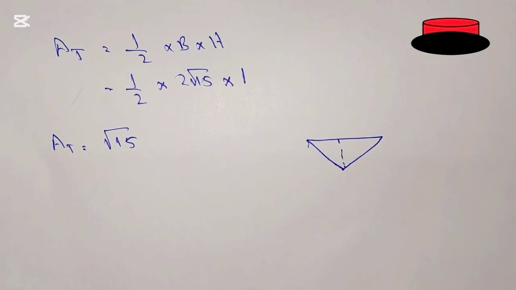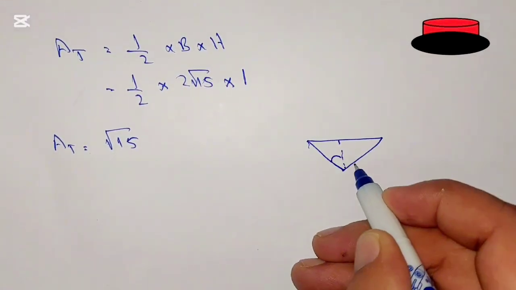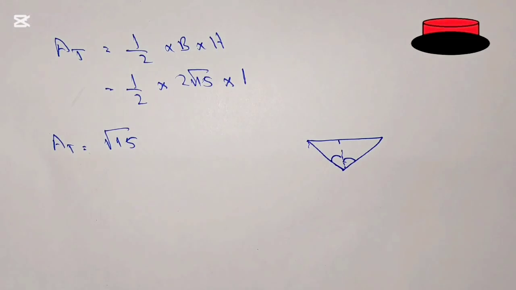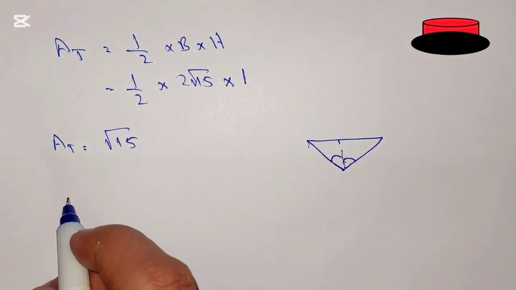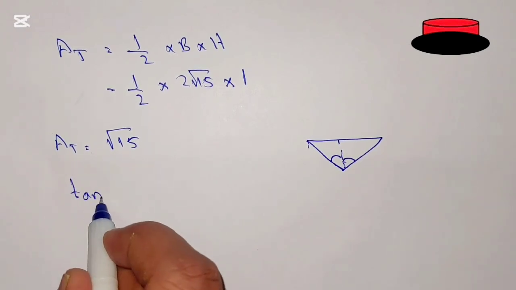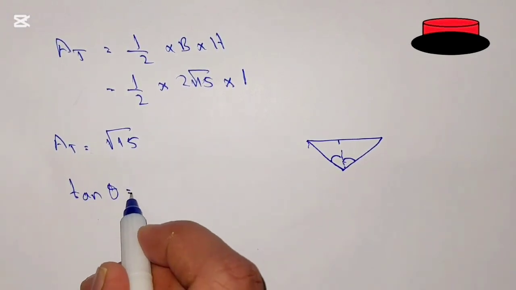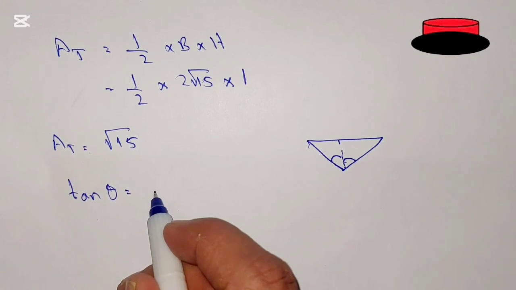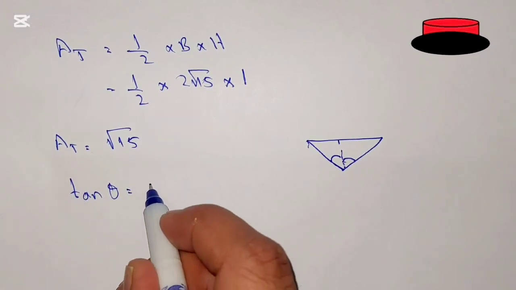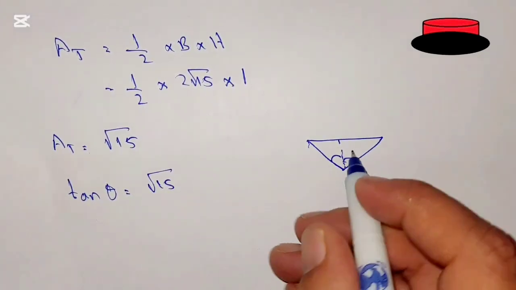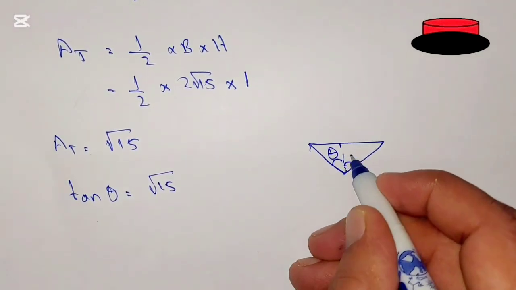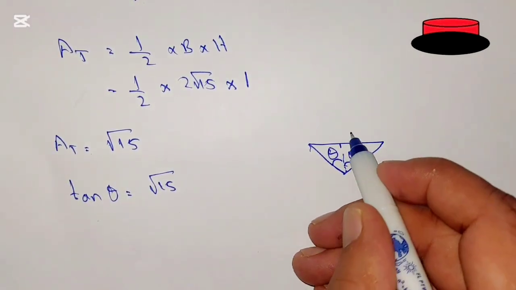So again we have the same triangle. Now we are working on the angles. It has the two angles. First of all, we have to find out one angle, theta. So tangent theta equals perpendicular over base. This is theta, this is theta.